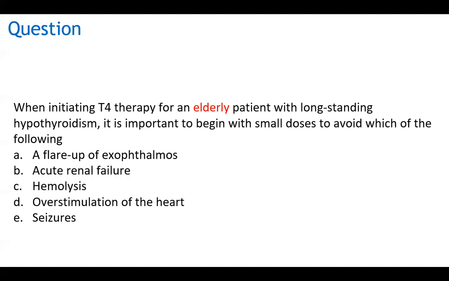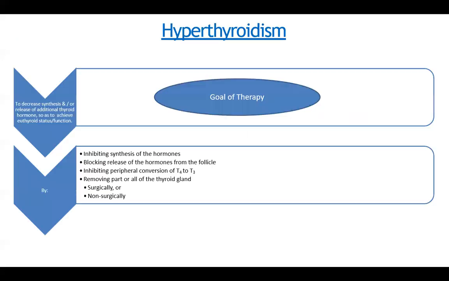Why should I start with low doses for that patient who has been hypothyroid for some time now? It's an MCQ. D. Your body is at a normal level, and now you start getting so much stimulation, so it can affect your organs. Okay, and you're correct. Overstimulation of the heart. Okay, clear?